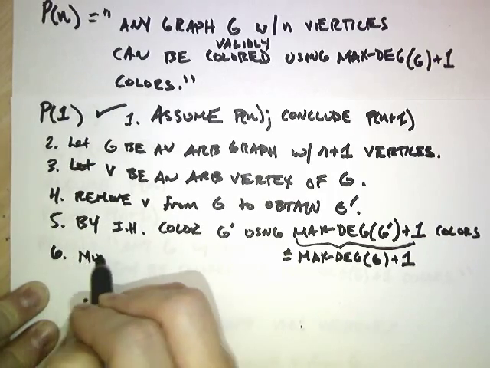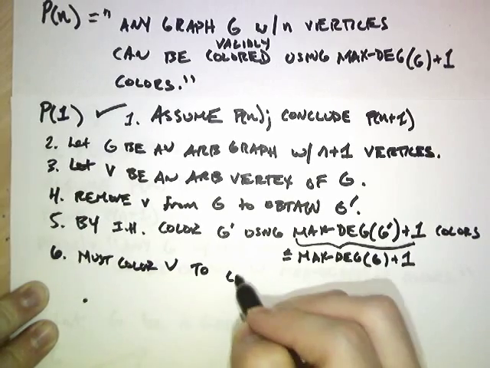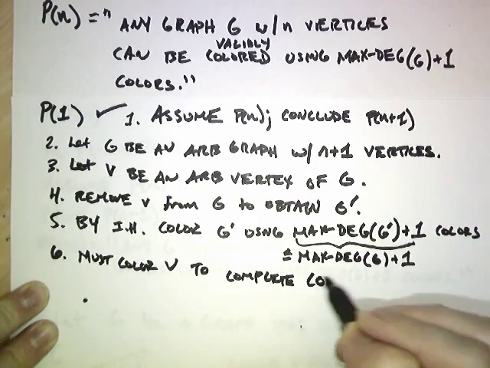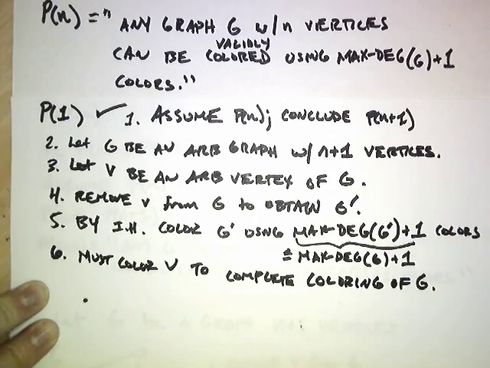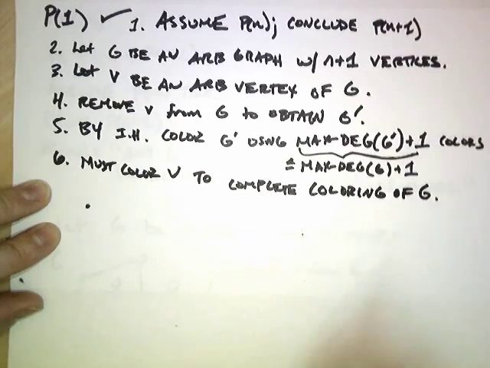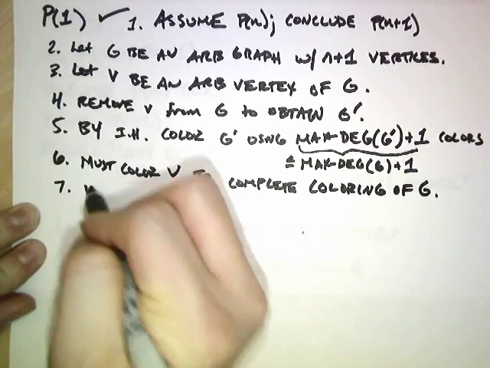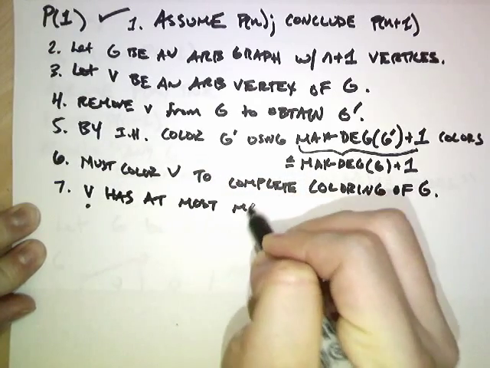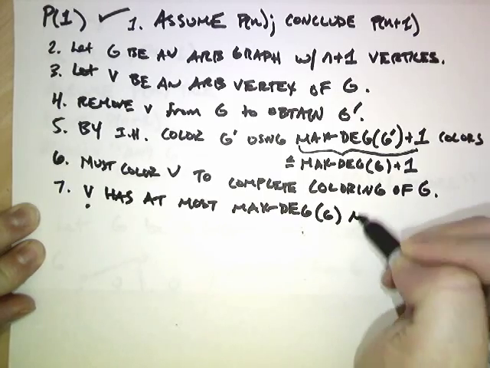So now we must color V to complete the coloring of G. Remember, we've colored G prime, but we still need to color G. So V has at most max degree of G neighbors.